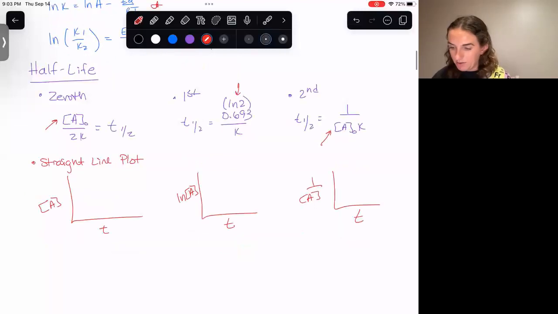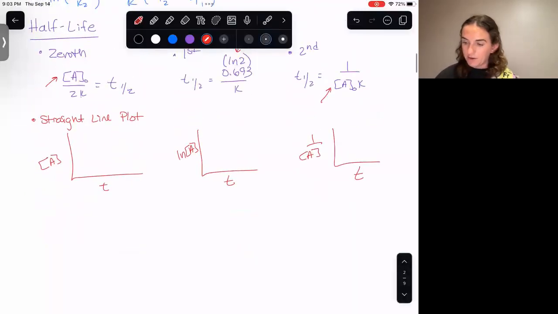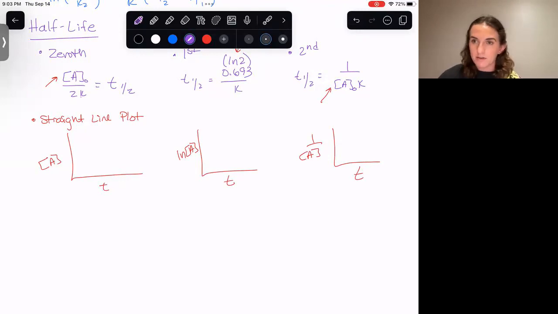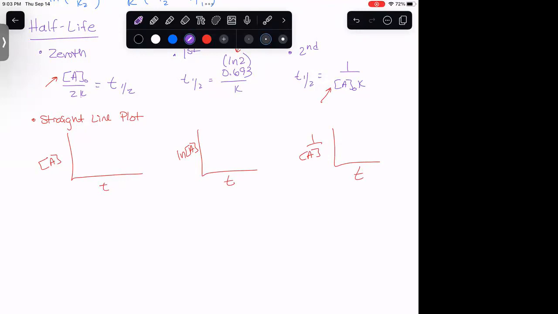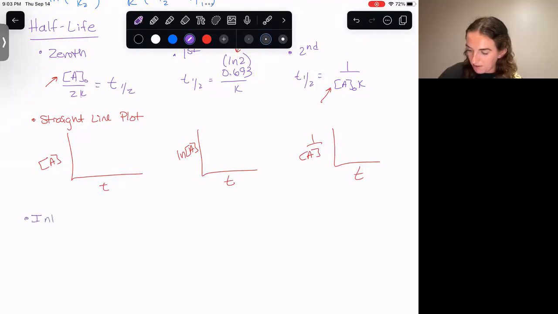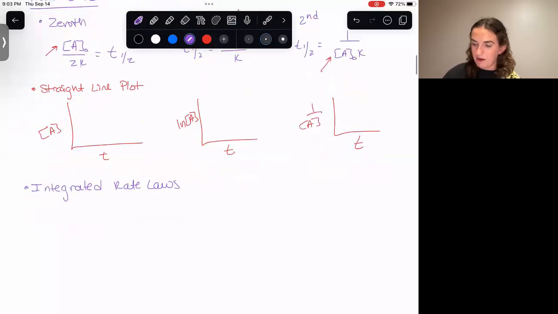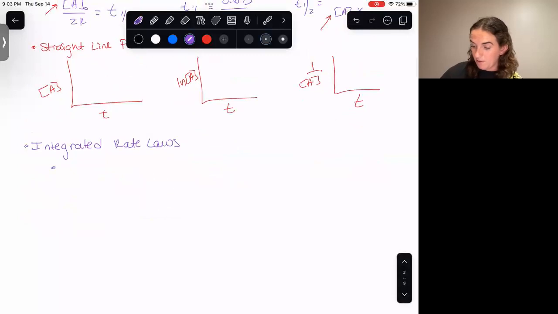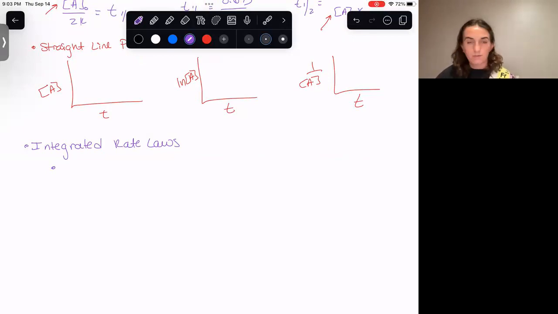Okay, and then any other important formulas? What's related to half-life? What else do we use in terms of first, second, 0th? We have our integrated rate laws. What do we have for those? You can start with first, second, 0th, whatever you know.